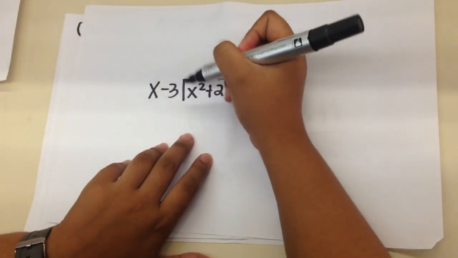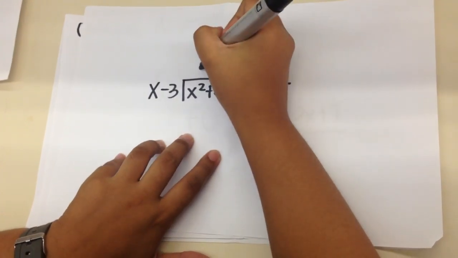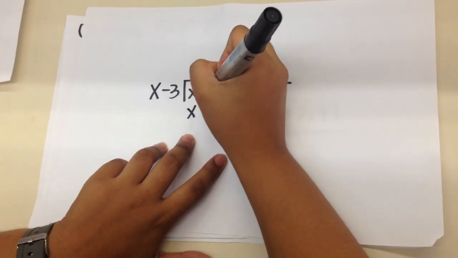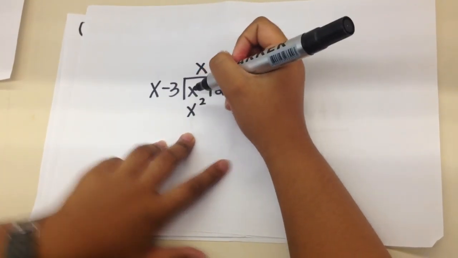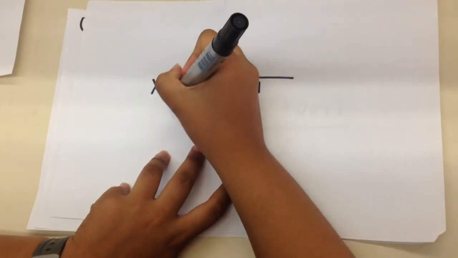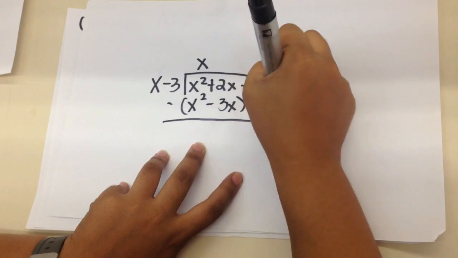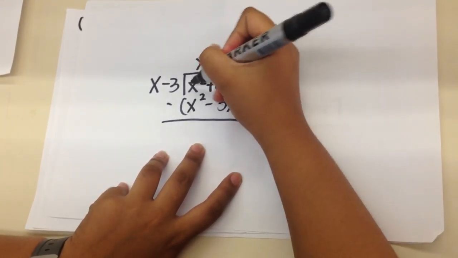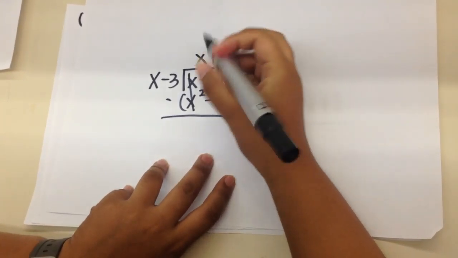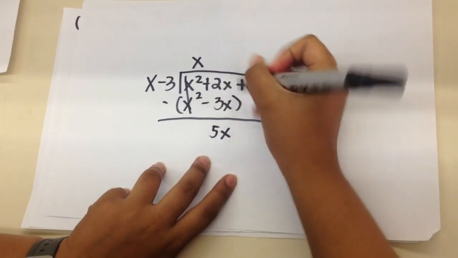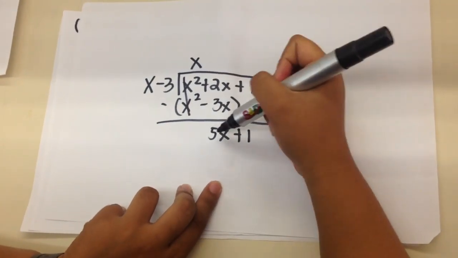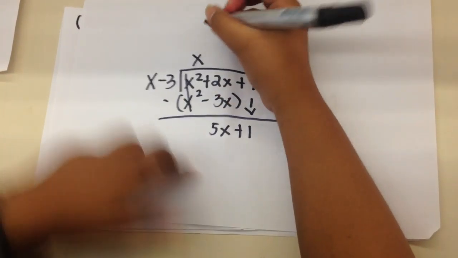x squared divided by x is equal to x. x times x is equal to x squared, and x times negative 3 is equal to negative 3x. Then subtract. x squared minus x squared is equal to 0, and 2x minus negative 3x is equal to 5x. Then bring down 1. 5x divided by x is equal to positive 5.